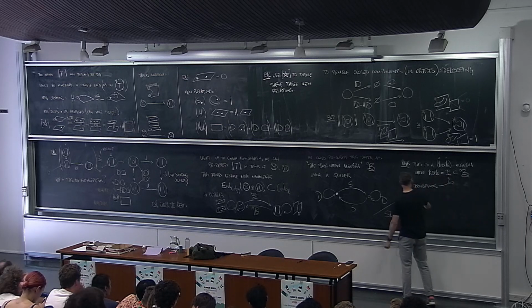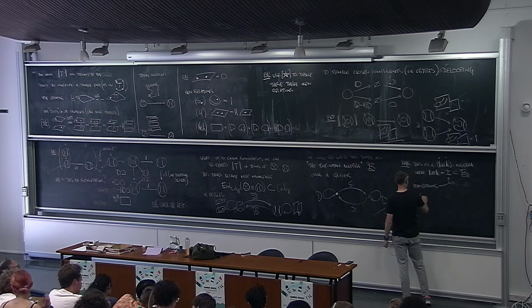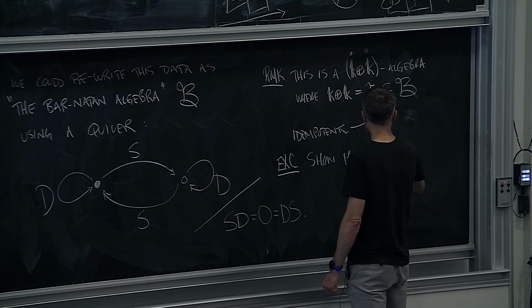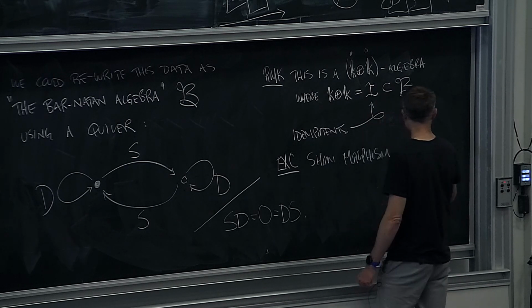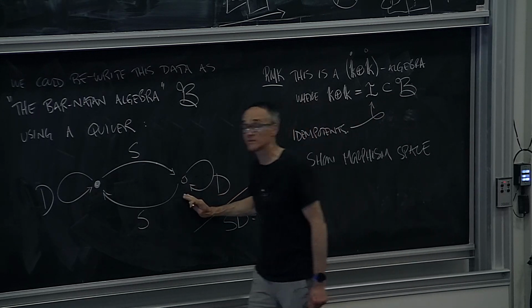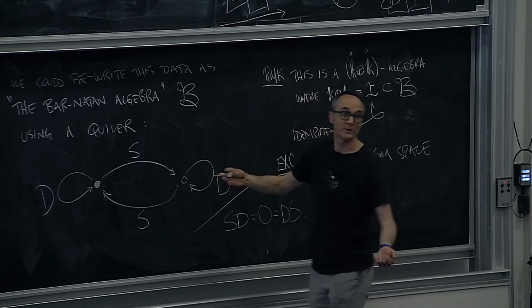And the exercise, I want you to show that the morphism spaces, right? So the morphisms from this object to this object, the morphism from this object to that object. There's 4 different jobs to do here.